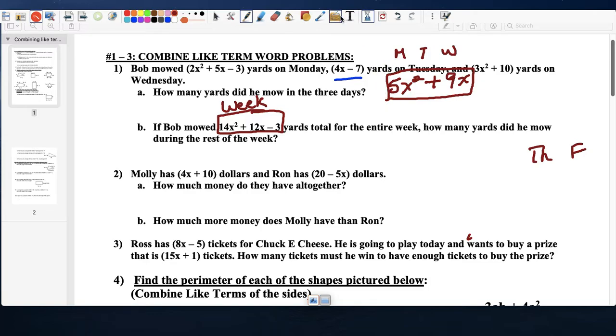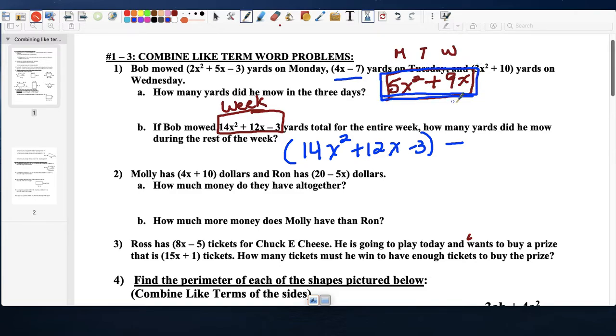What's really important here, not the combining of like terms, is how you set up the problem. Again, I'm going to put in parentheses. This is how much he mowed for the whole week, represented by the expression. And then from that amount, I want to subtract this, the total that he mowed on Monday, Tuesday, and Wednesday.